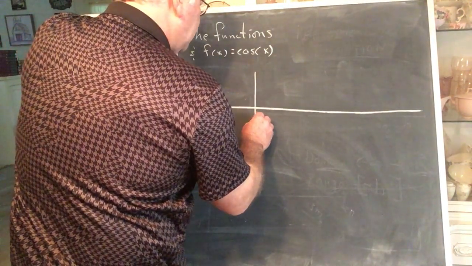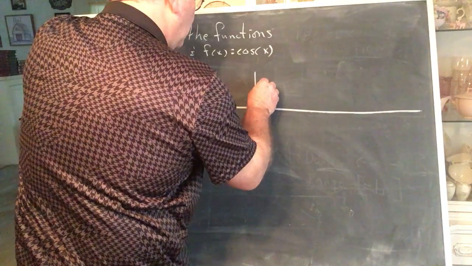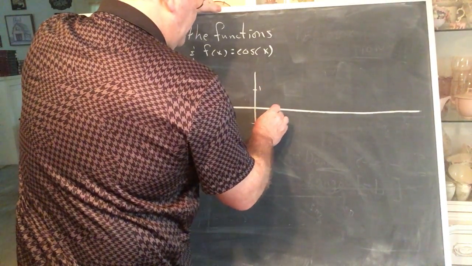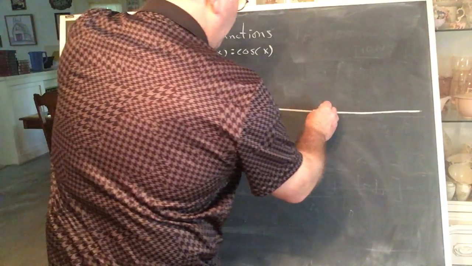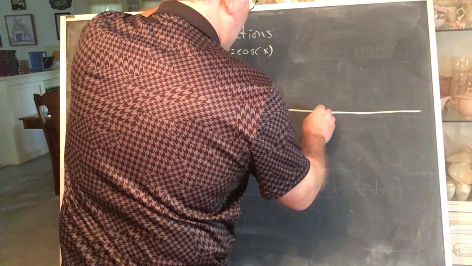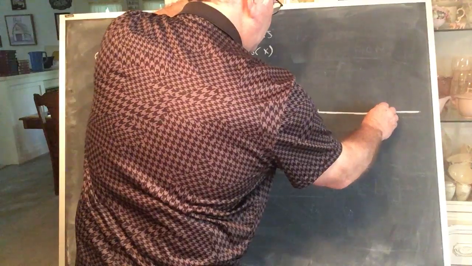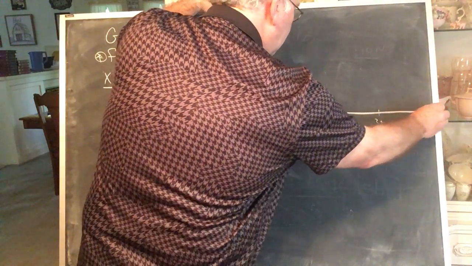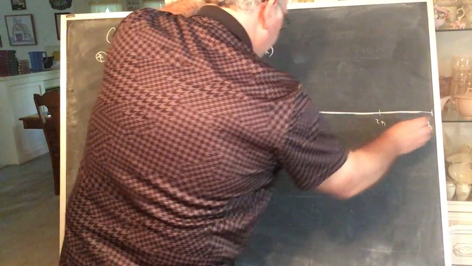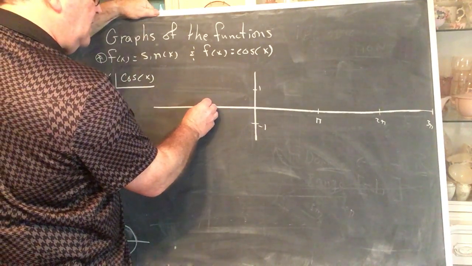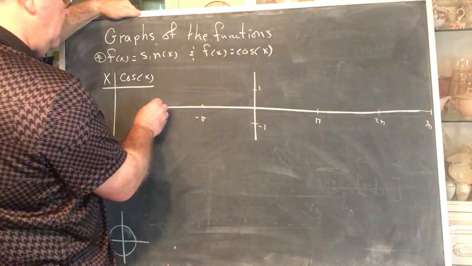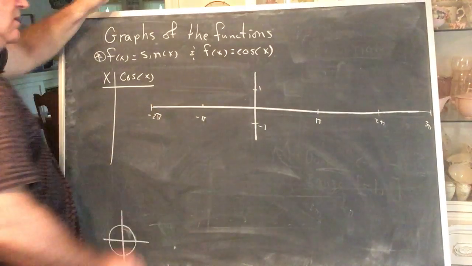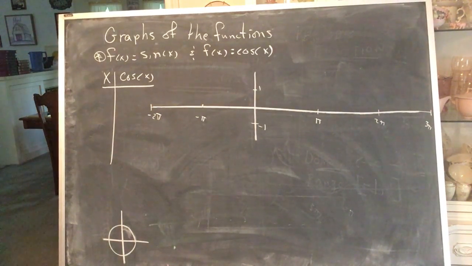The y-axis, we're going to go from -1 to 1. The x-axis, we are going to once again scale off in terms of pi. So here's pi, this is 2 pi, maybe this is 3 pi, this is negative pi, -2 pi. We know what's going to happen because we've already dealt with sine. This is going to be extremely similar.